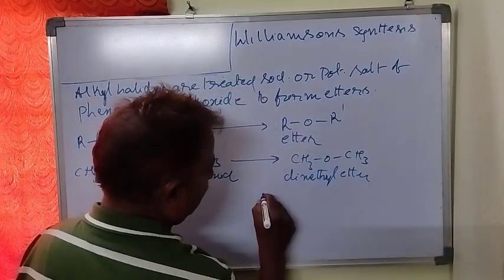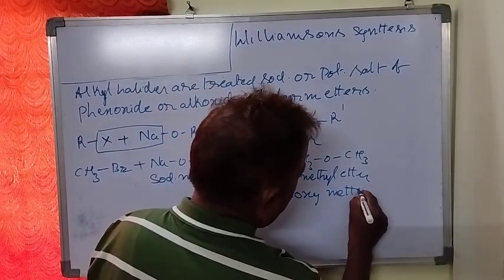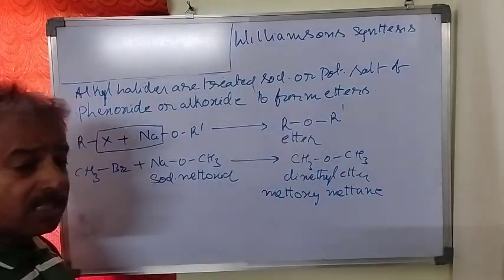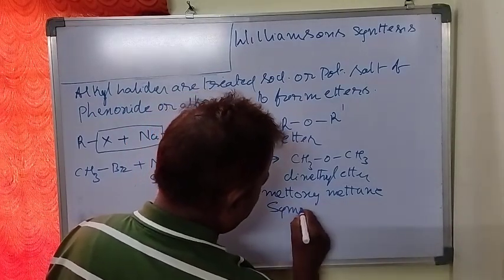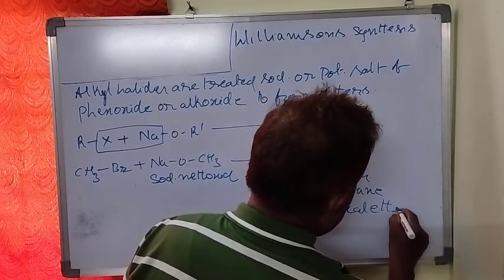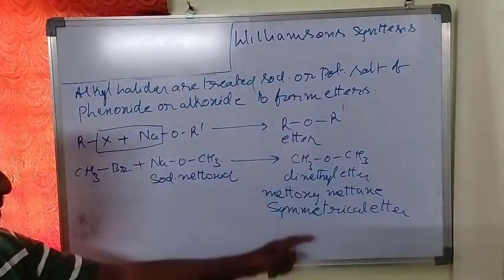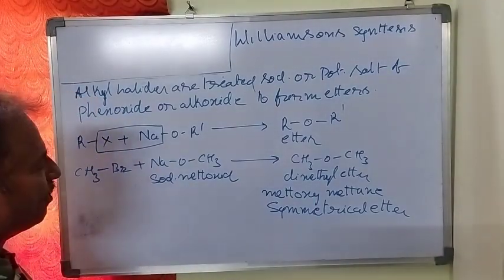Our IUPAC name is methoxymethane. This is a symmetrical ether. Symmetrical ether means with respect to the oxygen, both the alkyl groups are the same, therefore it is symmetrical ether.